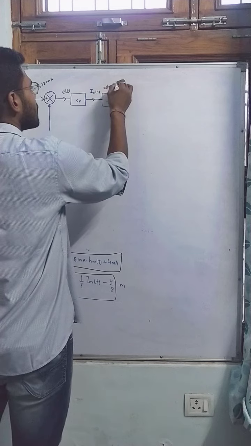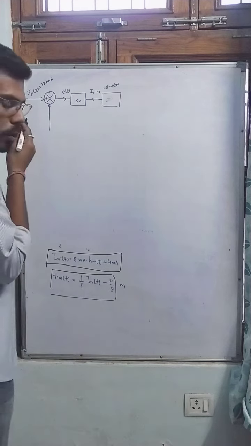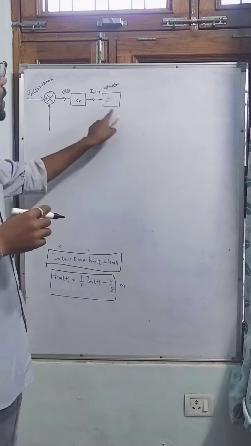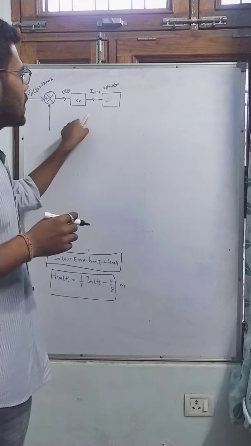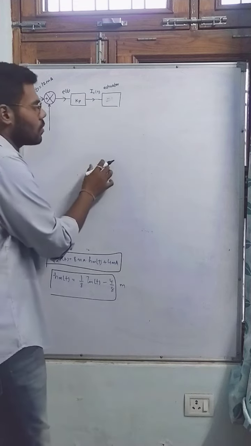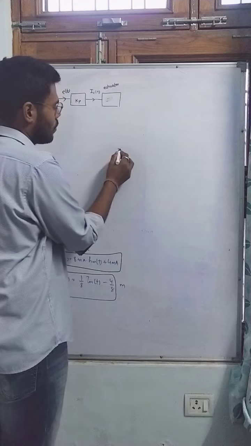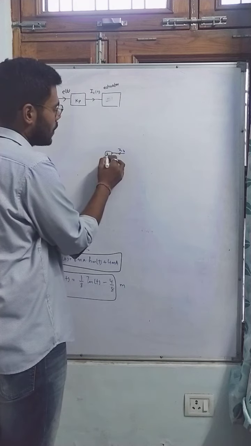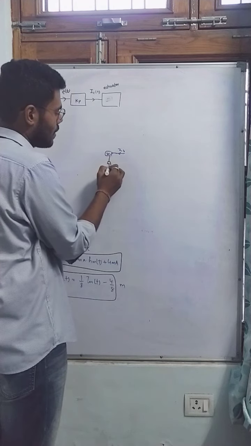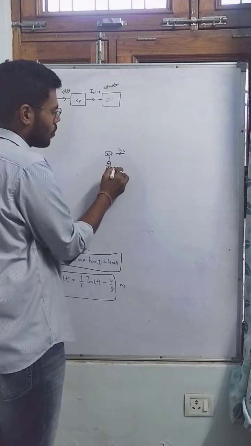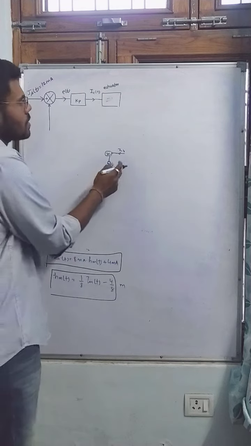Actuator. Yes or no? What was the output of the actuator? The output of the actuator was the flow. You know, this was ICT, I2P, then QI. Yes or no? So the ultimate output was QIT.